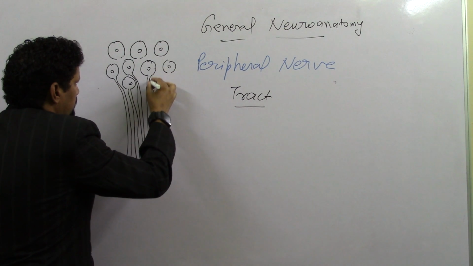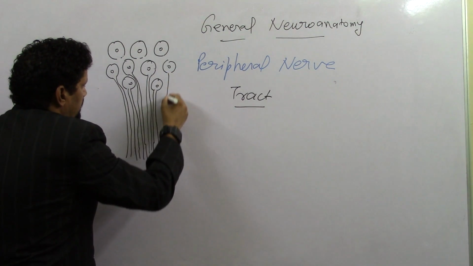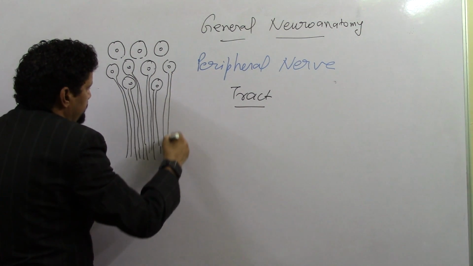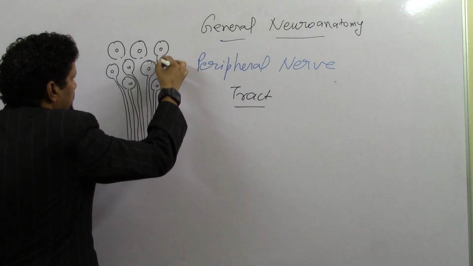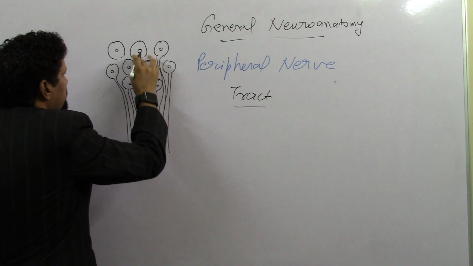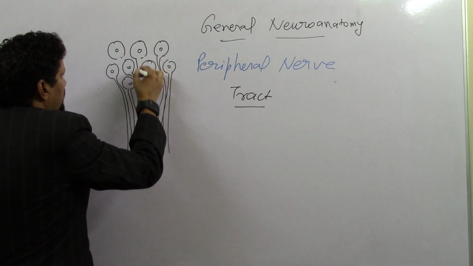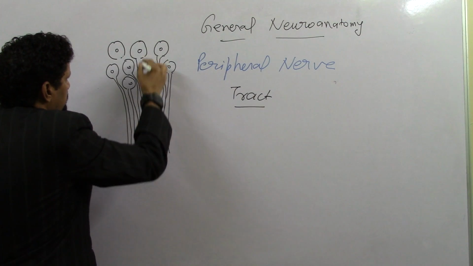Here is another neuron, one more neuron here, and these are the remaining neurons, axons.